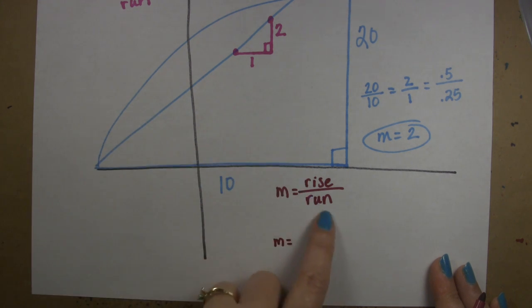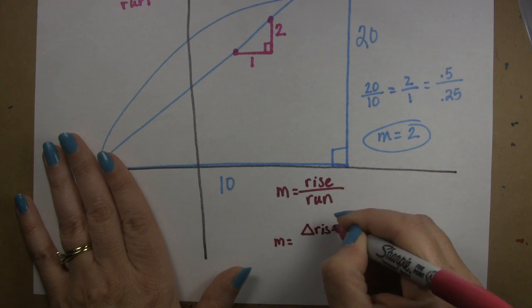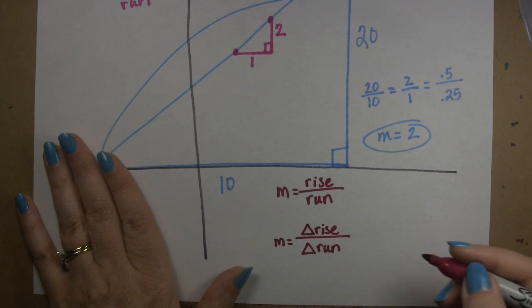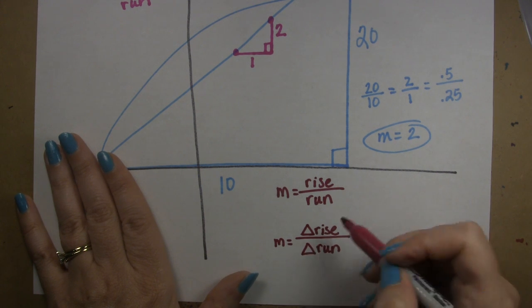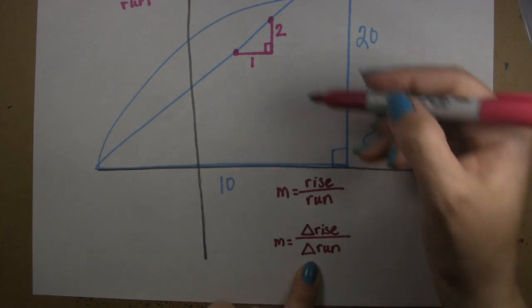Some people just always write it like this, that it's rise over run. Some people, and this is the way I learned it, so this is the way I often do it, just because I've been doing it this way for decades now. The change in rise over the change in run.